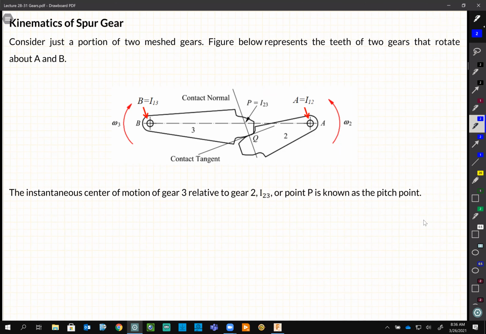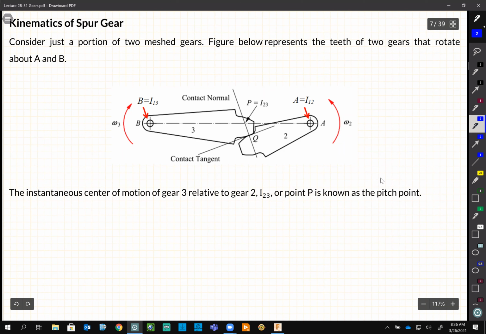Let's get to some serious stuff. Kinematics of spur gears, okay? For simplicity, I just showed here two gears engaged with each other, just one tooth from each gear, gear 2 and gear 3. So you can visualize the rest.